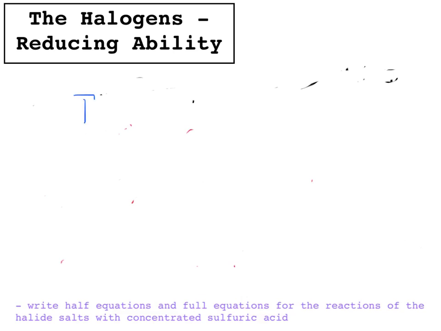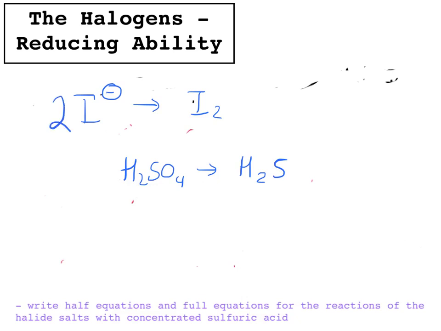So you've got I minus iodide ions turning into I2, and you've got sulfuric acid turning into H2S. Now they could ask you to do it for sulfur or SO2, and you do it slightly differently because it would be different balancing, but I'm just going to show you this one. So the top one, you've got 2I minus and you've got 2 electrons on the other side. That's now balanced.